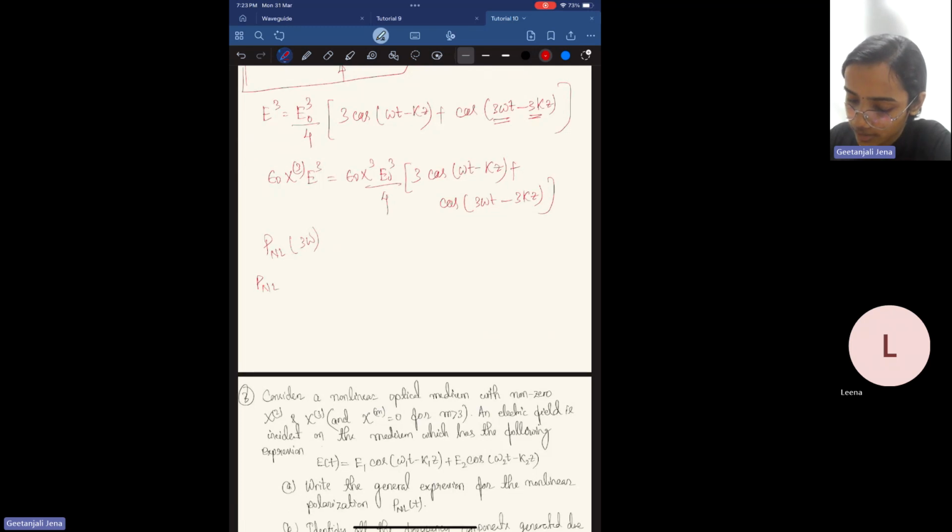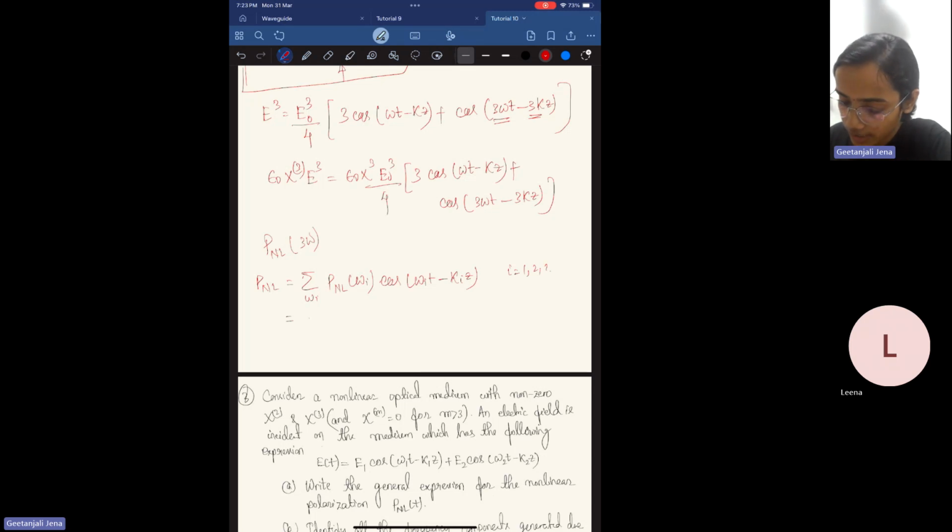And what is given to us is the general expression of the P_NL. So P_NL is the summation over omega_i of P_NL(omega_i) cos(omega_i t minus k_i z). Because i is 1, 2, 3, right?